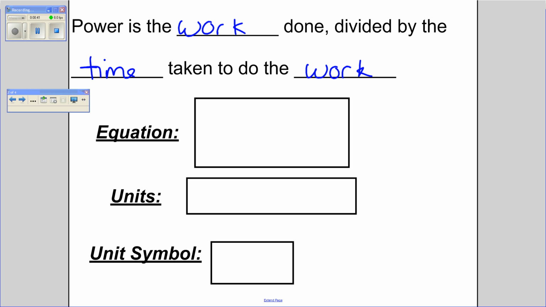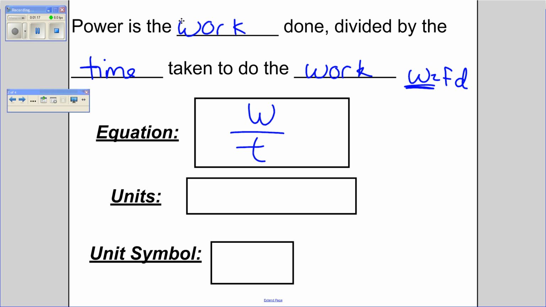So if you perform work, which is force times distance, then you're exerting power. How much power you are exerting depends on the time. So it's work divided by time. Just like speed is distance divided by time, power is work divided by time.